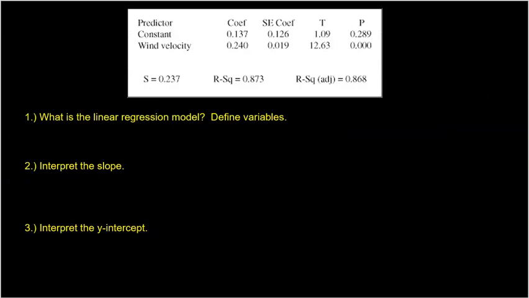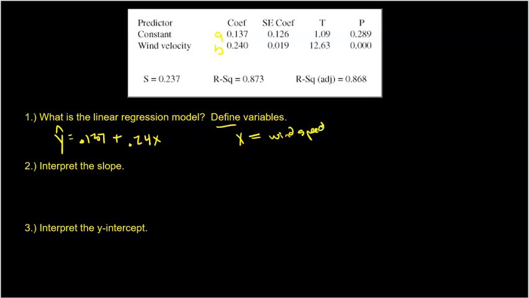All right, so make sure that you understand all that. I just went over all that, but make sure that's pretty clear. So the equation is going to be y hat equals 0.137 plus 0.24 times x. Again, you cannot mess that up. A and then b in the table there, alphabetical order. And then again, define the variables. So make sure you tell me x is the wind speed.